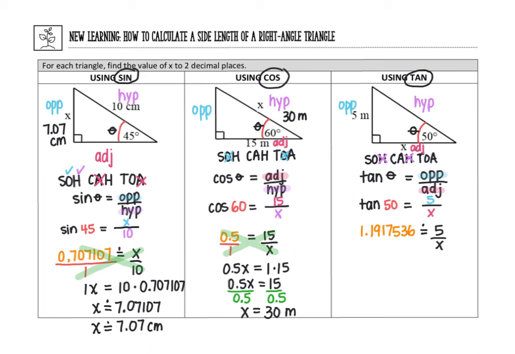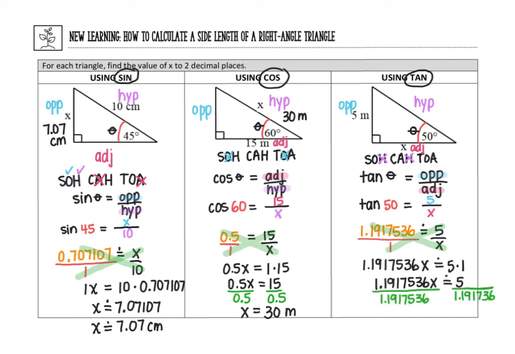We'll make this look like a proportion by adding a 1 underneath the decimal value, and then we'll cross multiply. Our decimal will be multiplied with x on one side of the equal sign, and 5 will be multiplied by 1 on the other. We will need to divide both sides by our decimal value.